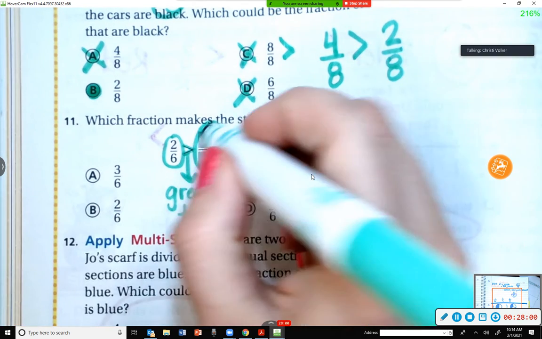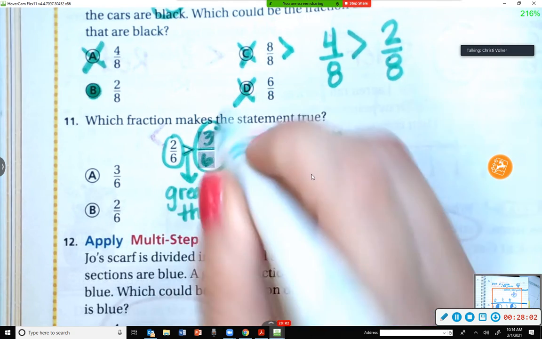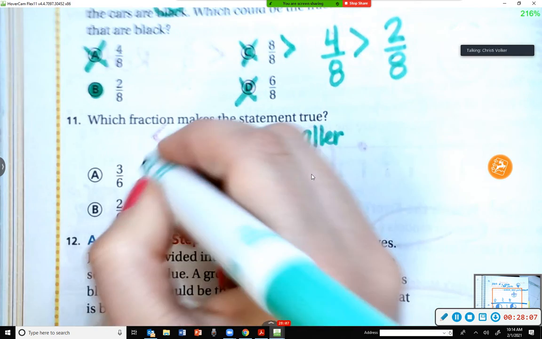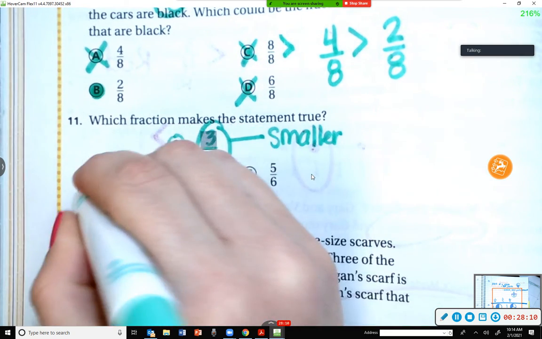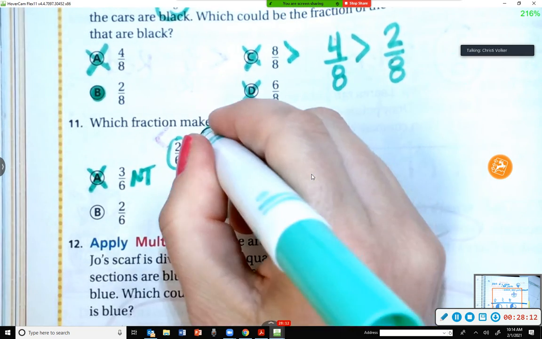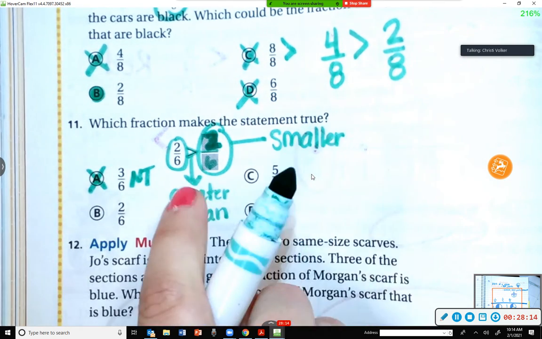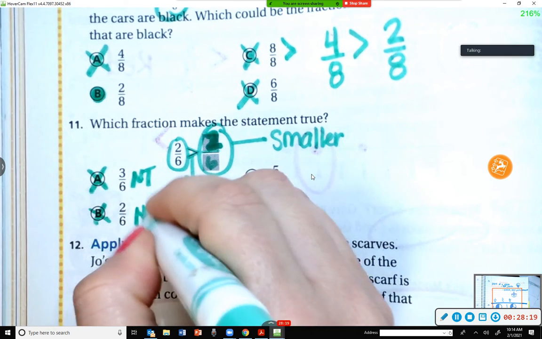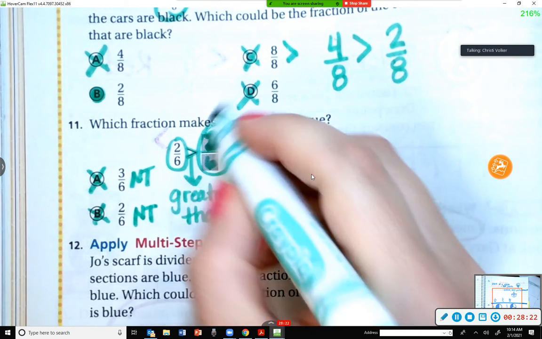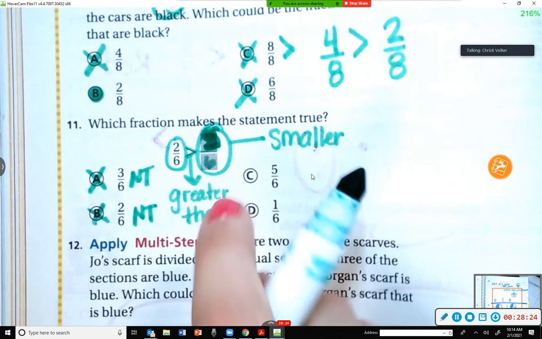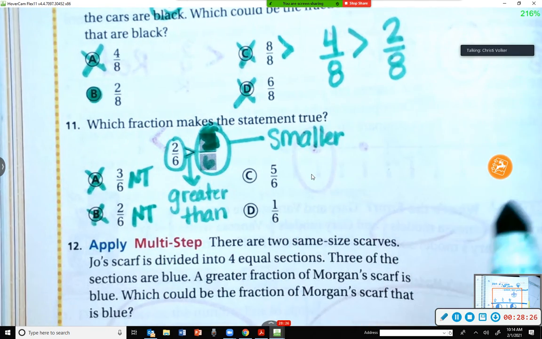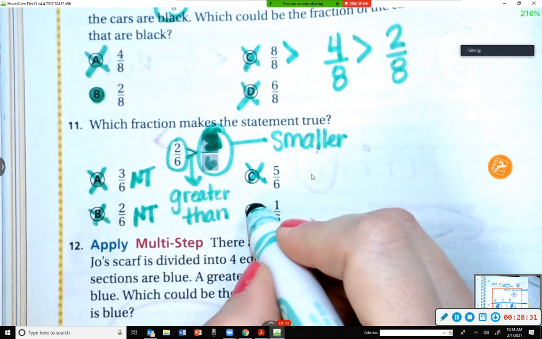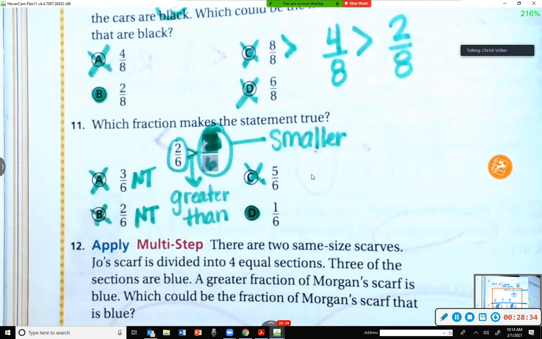If I put 3/6 over here, 2/6 is greater than 3/6. Is that true? No, that's not true. B, if I put 2/6 in there, is 2/6 greater than 2/6? No, not true. They're equal. If I put 5/6 in there, 2/6 is greater than 5/6? No. 1/6? Yes. 2/6 is greater than 1/6.